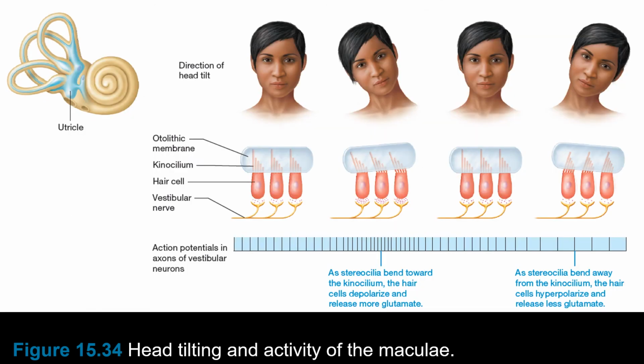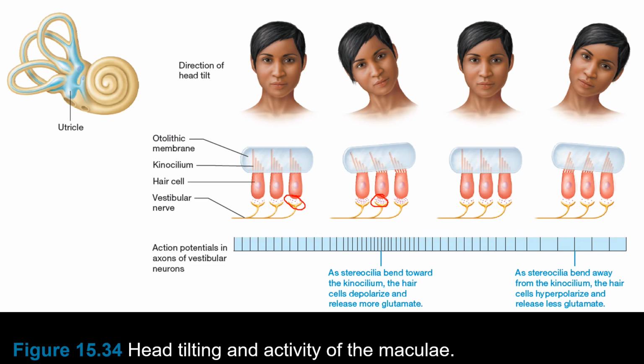And here's an image showing you exactly what I was just saying. So this individual tilts her head to her right, and it bends those stereocilia toward the kinocilium, and you see glutamate production is increased, because this would be your normal glutamate production.